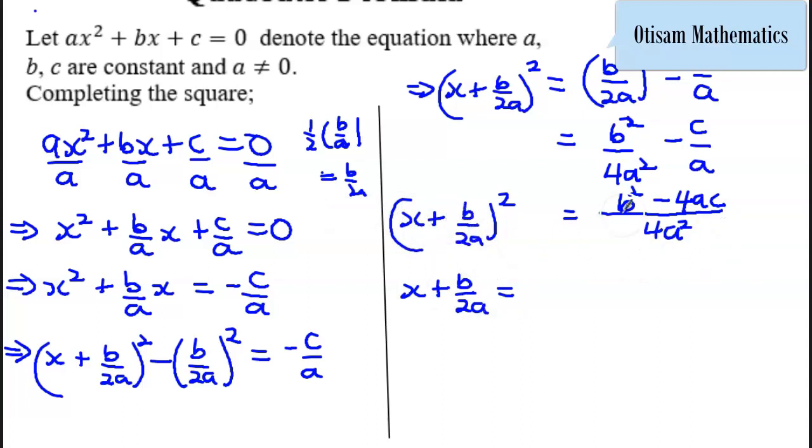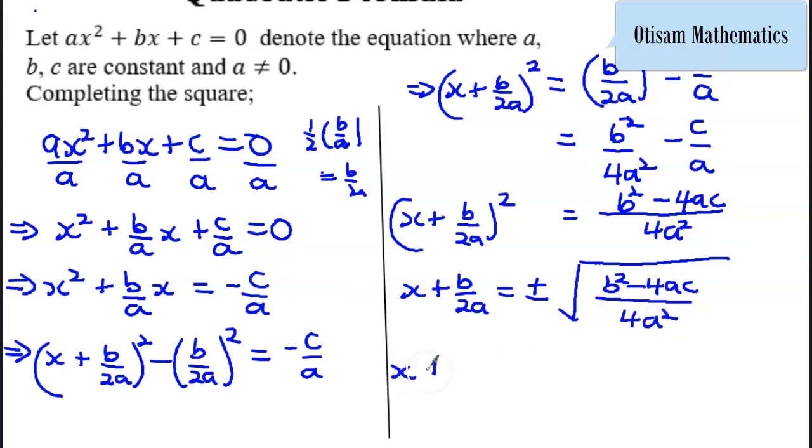So when you are taking the square root on the right hand side, you should have plus or minus the square root of b squared minus 4ac over 4a squared. So x plus b on 2a will be equal to plus or minus.